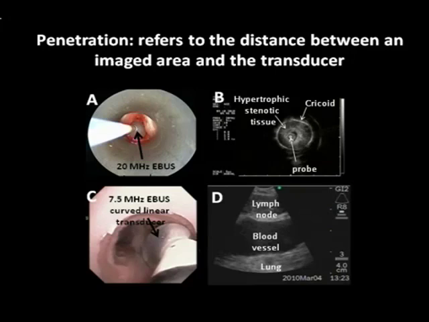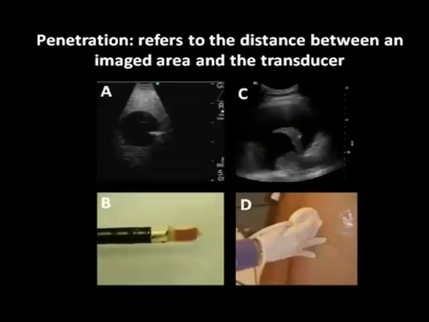Hypertrophic stenotic tissues and the intact cartilage are clearly visualized, but the deeper structures are not. Using the low-frequency EBUS transducer in the lower trachea, the right lower paratracheal lymph node, superior vena cava, and distal normal lung parenchyma are seen.